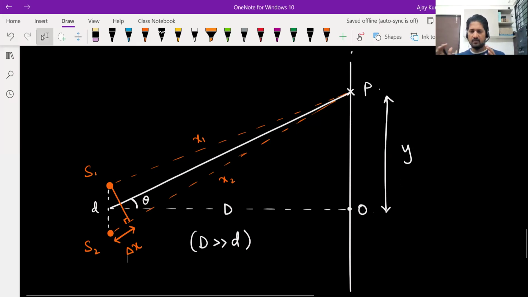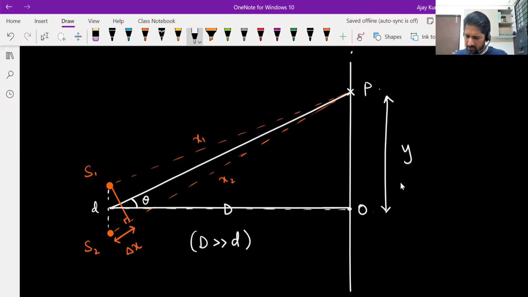Next, suppose P comes down to O. If P comes down to O, that white line that we have drawn becomes horizontal. And the orange line that we have drawn, from S1 to the foot of perpendicular, becomes like this.